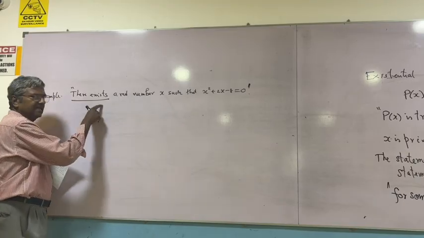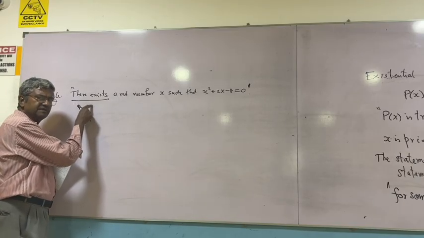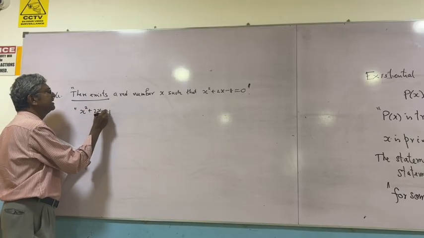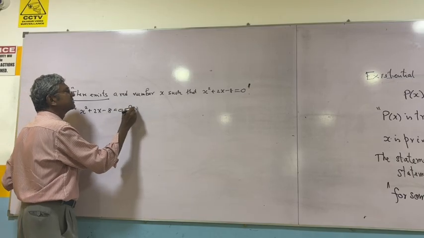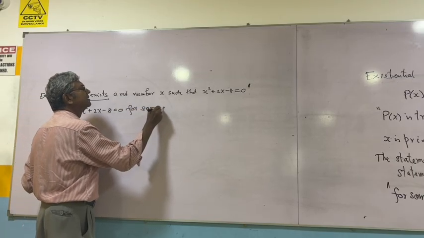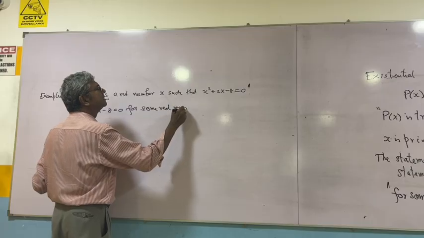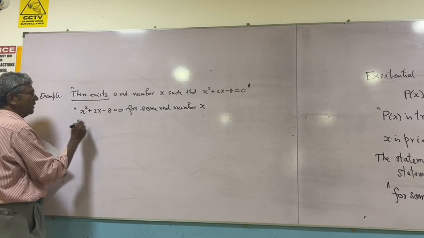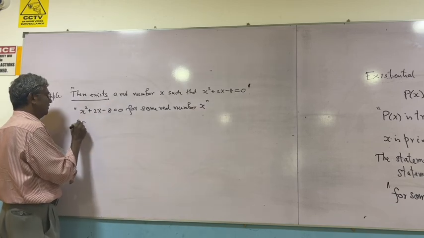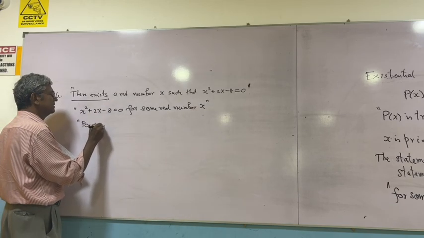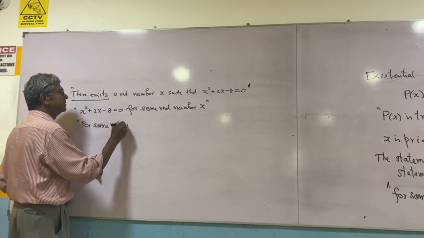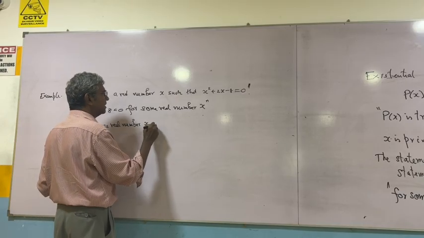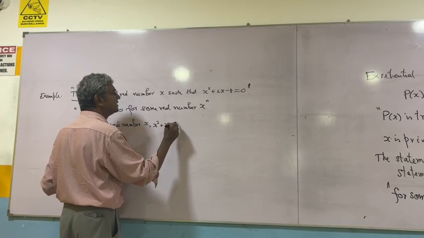However, if you are writing "there exists" like this, it must be at the very beginning. And you can write this way also: for some real number x, x squared plus 2x minus 8 is equal to 0.